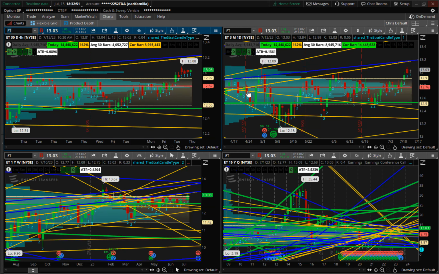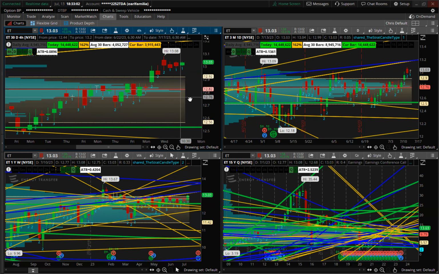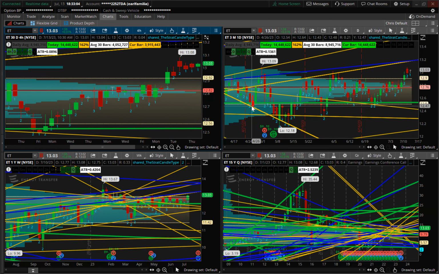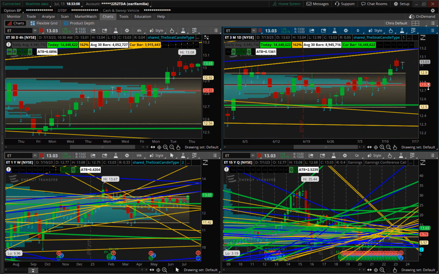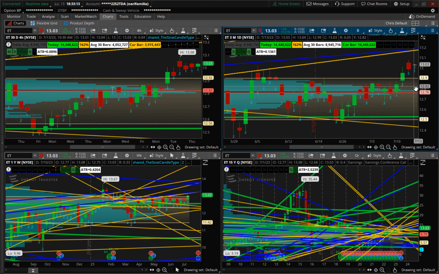And then looking at ET. So ET, we got a triple inside 4 hour. Crazy, right? We got some major consolidation happening there. We got the inside day setup, so this one does have potential to move up tomorrow.